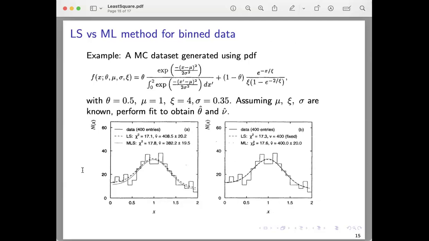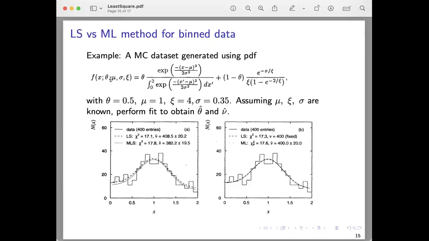This is an example from this book, which shows basically what we discussed here. It generated a data set with 400 events using a PDF similar to what we discussed earlier, a Gaussian plus an exponential, with parameters theta and 1 minus theta, like we had mu s and mu b.